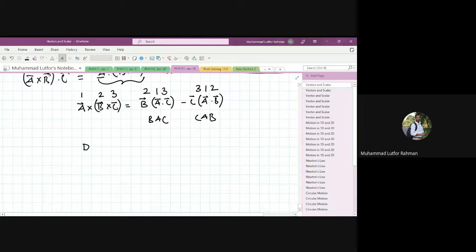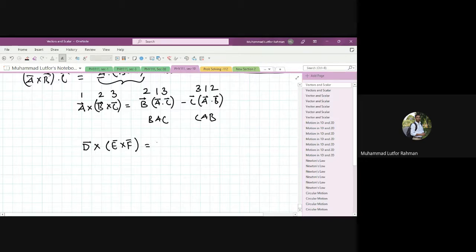Say I have to write D cross E cross F, right? Then it's difficult to use the BAC-CAB rule because the letters are different over here. So easily I can write it as 1, 2, 3.